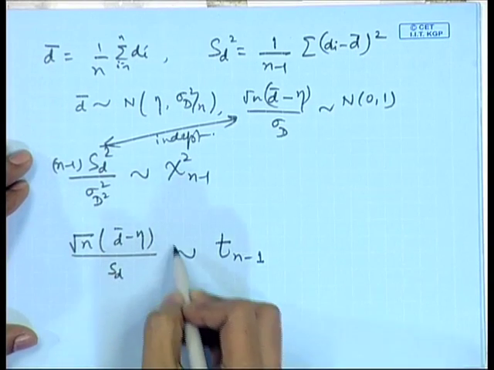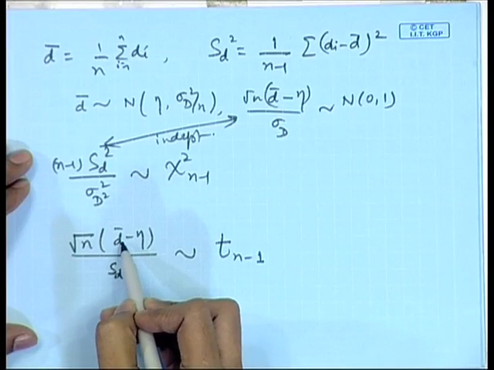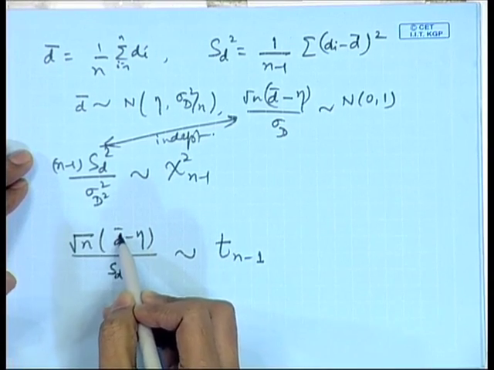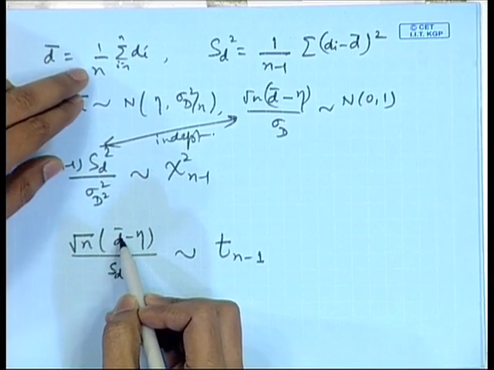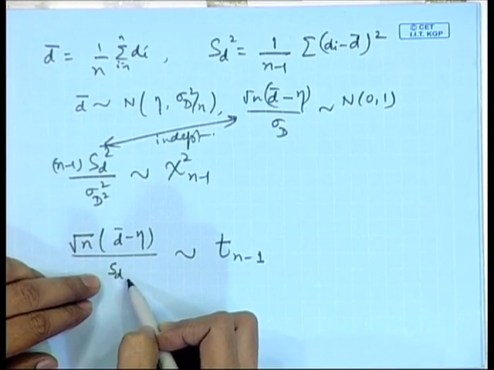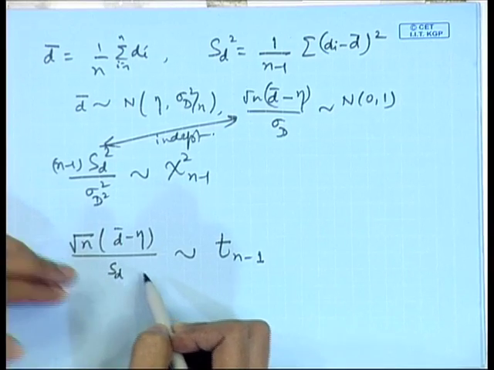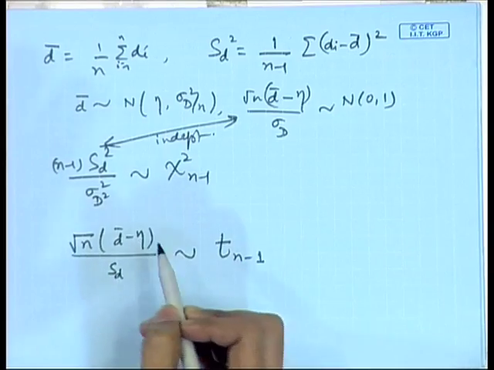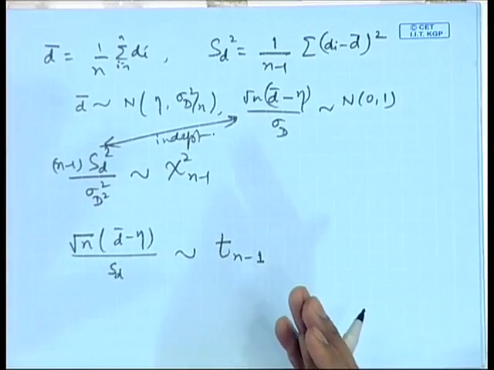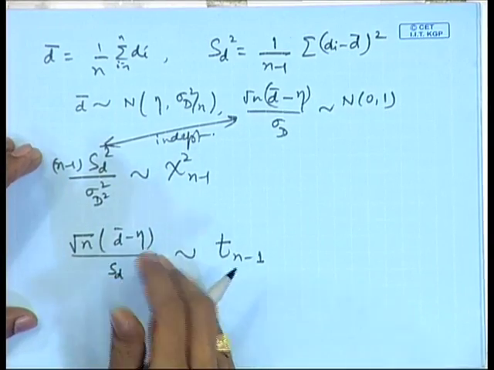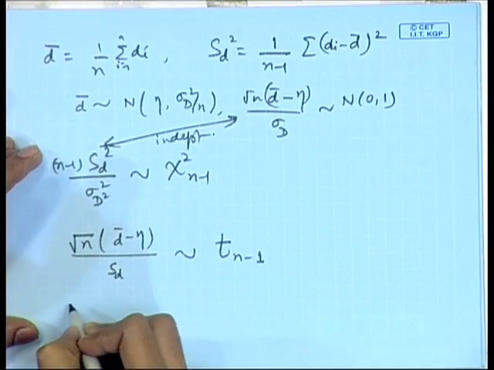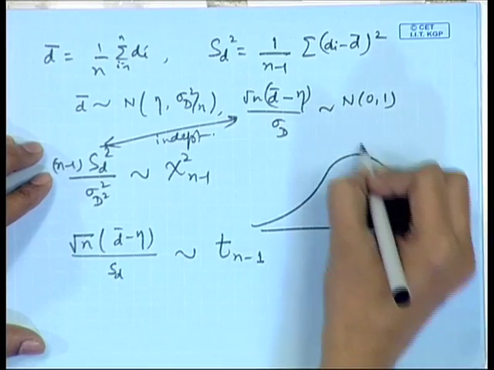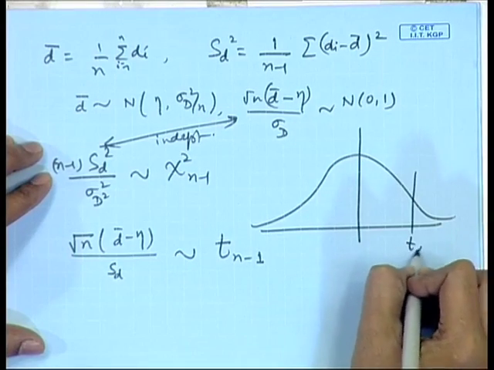Now observe this function here. It involves the random variables, that is the observations x_i and y_i; d bar is the mean calculated from the differences, and S d square is the variance of the difference observations. The parameter of interest eta appears, and the sigma_i squares are absent. So this can be used as a pivot quantity, and we create a confidence interval from the distribution of t on n minus 1 degrees of freedom.